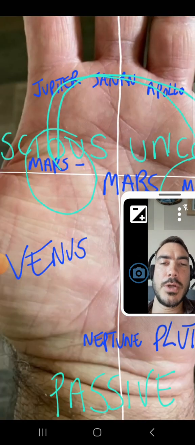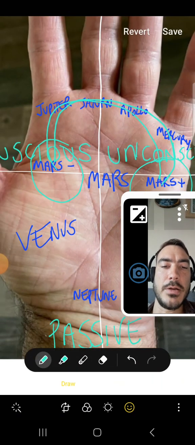So I just thought that was a great little analogy that she puts across in her book.